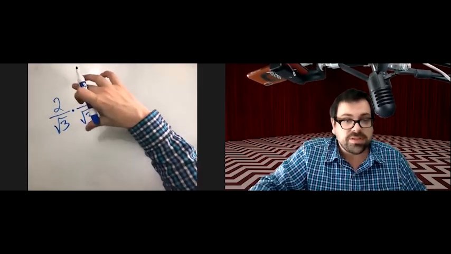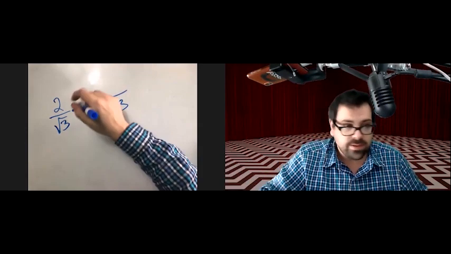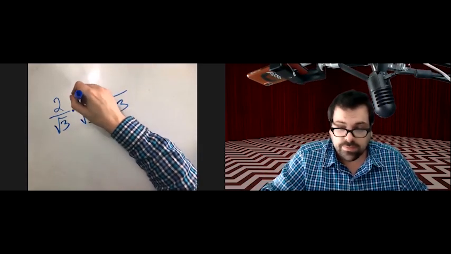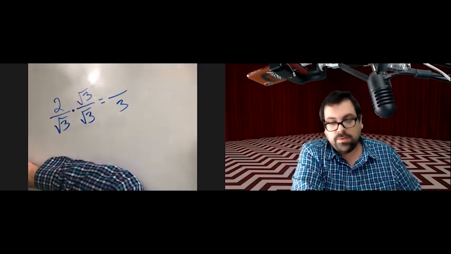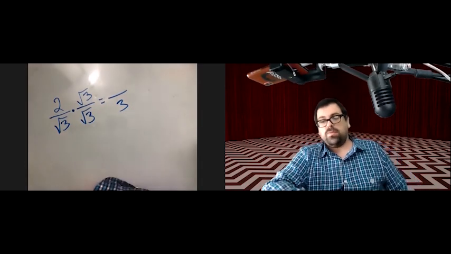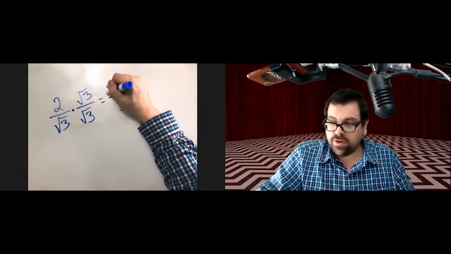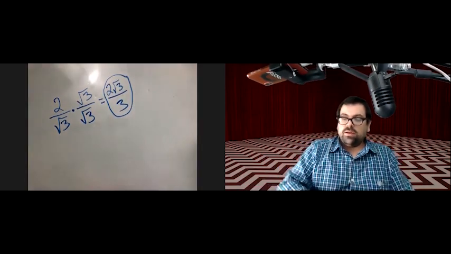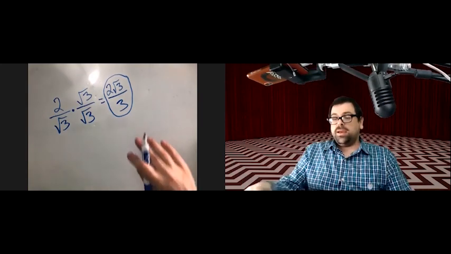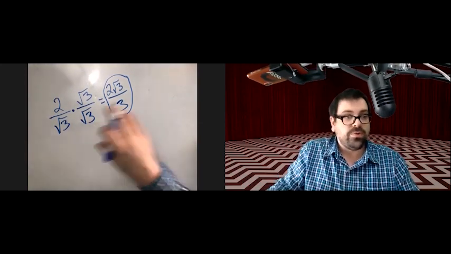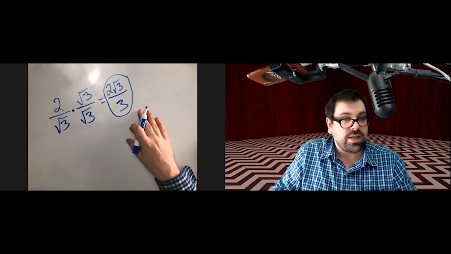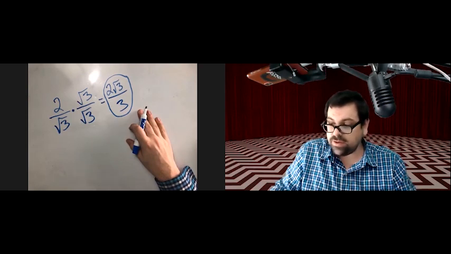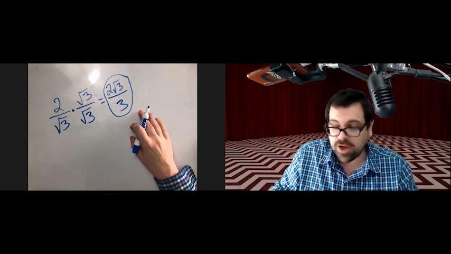And since we want to be multiplying by 1, radical 3 over itself. So 2 radical 3 over 3 would be 2 over radical 3 with a rationalized denominator.